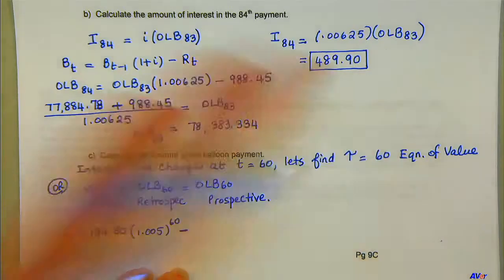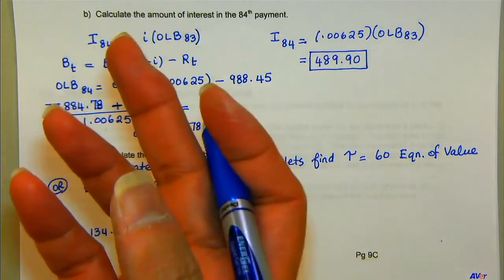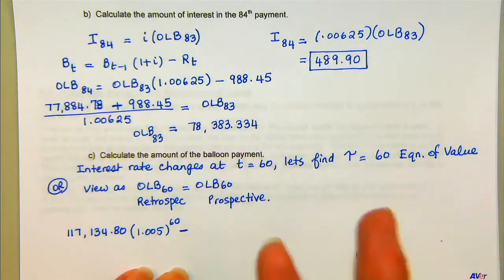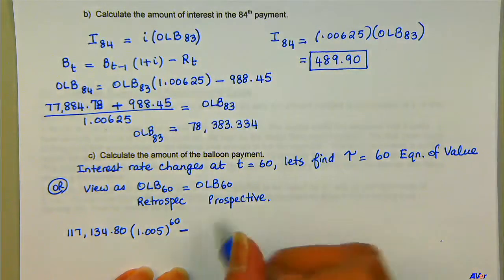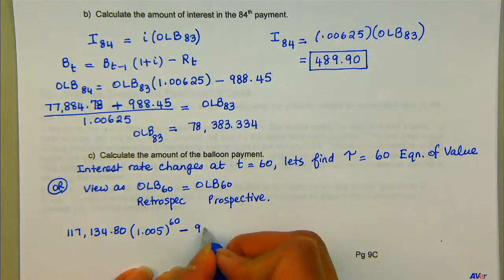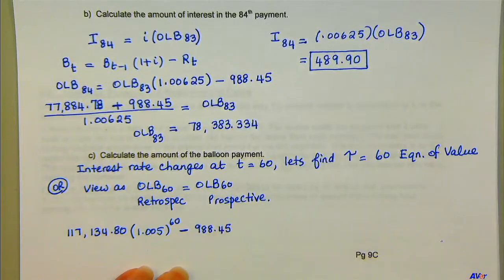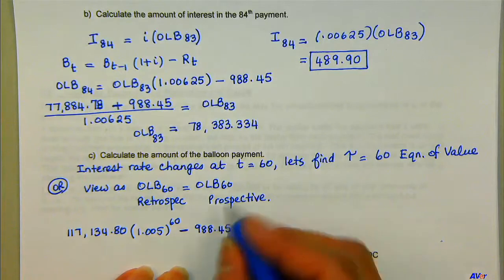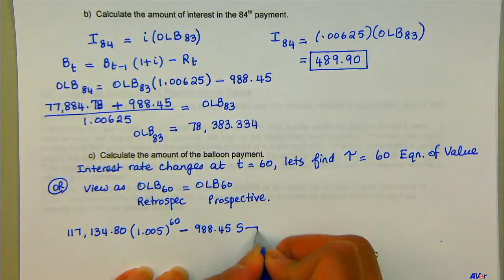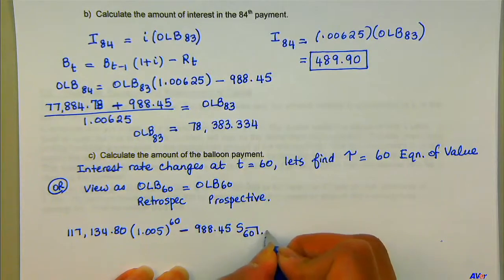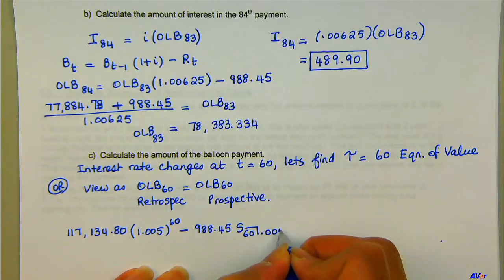Either you can make the loan minus and the payments positive, or the loan positive and the payments minus, but they have to be opposite signs, right? So minus 988.45, that's the payment made. Let's grow that accumulated value, s angle 60 at the first interest rate, 0.005.